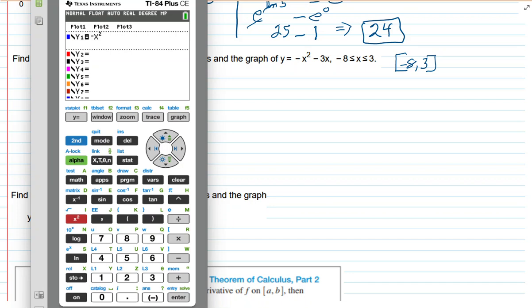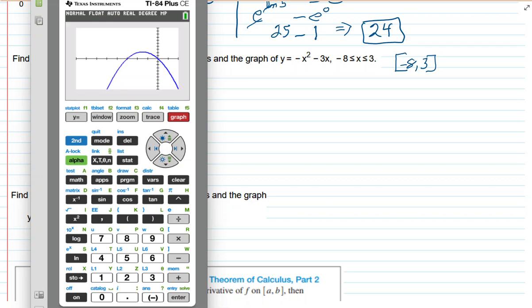Because we know it's an upside down parabola. All right, so I didn't change my window and it worked out pretty nice. So we have some critical numbers and we have area here. Let me take a picture of that.